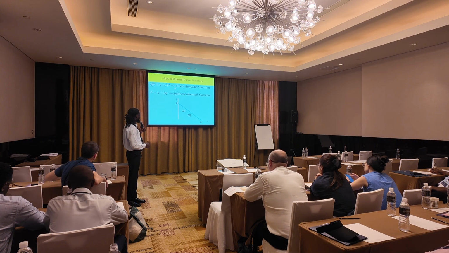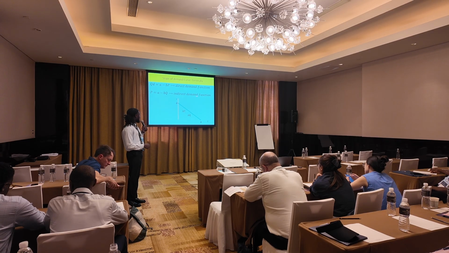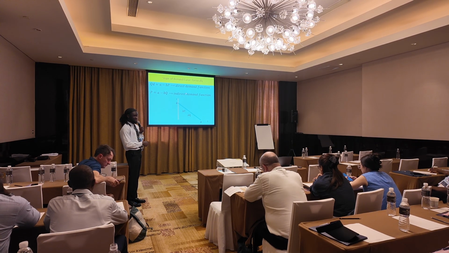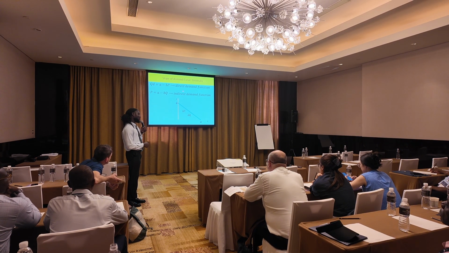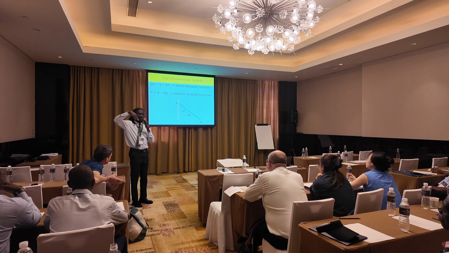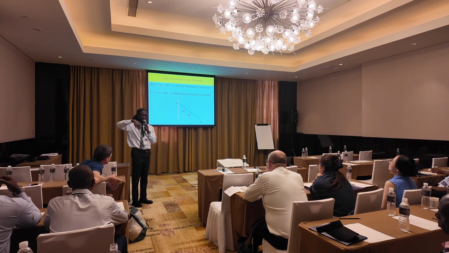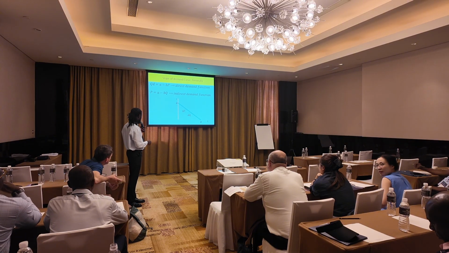Here we call it a direct demand function, and here's an indirect demand function. It's indirect because here P is the subject. That's the basis, okay? So normally, when we do change in Q by changing P, whatever we get is an inverse of the slope. It's not the actual slope. If you want to get a direct slope, it's from here.